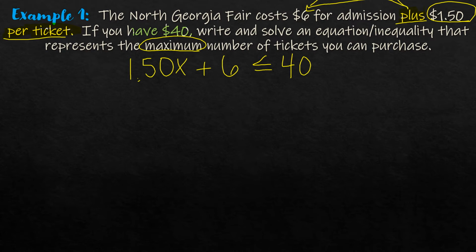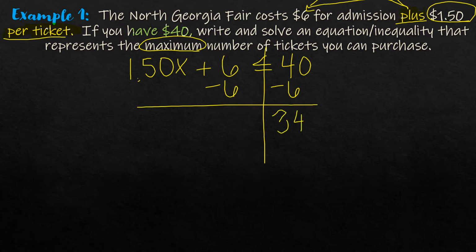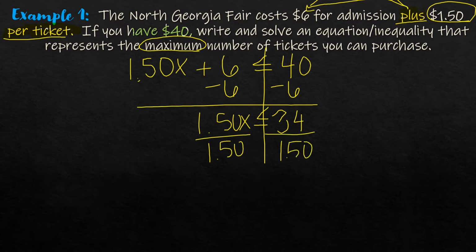So now to solve it, I just solve it like I would a regular linear inequality. So subtract 6 from both sides. 40 minus 6 is 34. And then I can divide by my $1.50. So I get x is less than or equal to 22.6666, so it's 6 repeating.